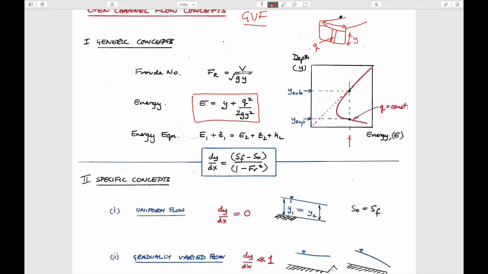I think we often use B for the width of the channel, and this is just a 1 meter flow width. So this is a flow per unit width, and so that's what Q is. And so Q is flow per unit width, Y is the depth of the flow, g is gravitational acceleration, and this is the energy.